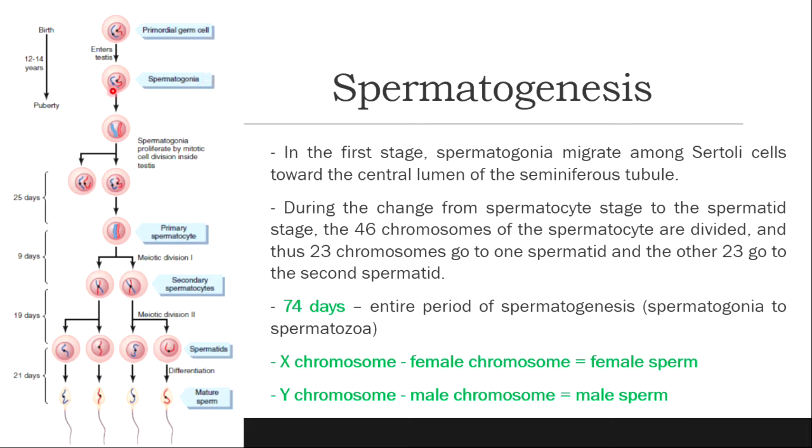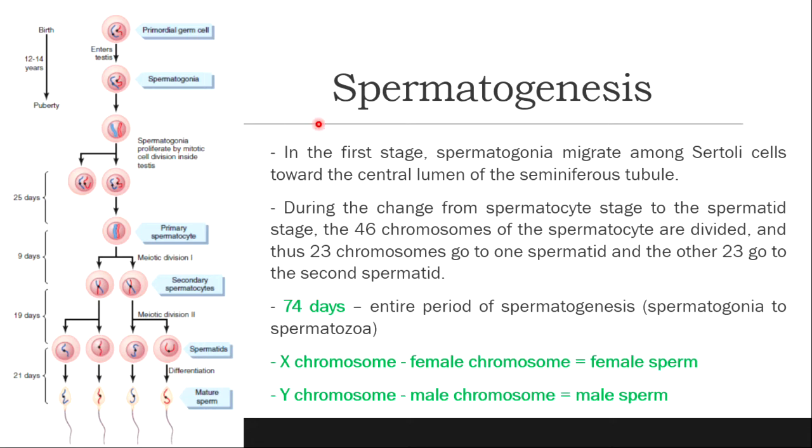Okay, so itong spermatogonia kasi nade-develop lang siya or nagiging mature sperm lang siya during puberty. Okay? Hindi rin nila alam yung cause kung bakit nagta-transform tong spermatogonia to mature sperm during puberty. Okay? So sabi sa book, it is unknown.